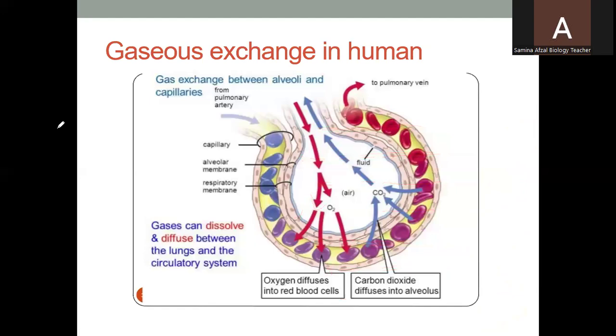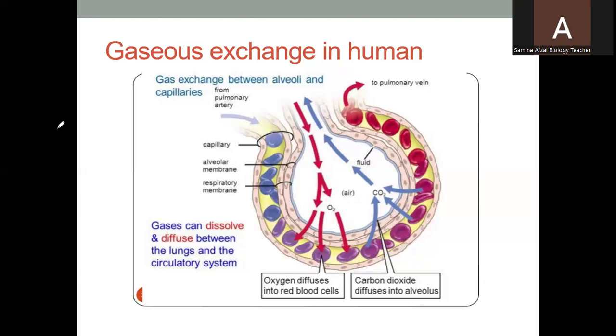The gas which enters from the air into the gas exchange system, and the gas which is leaving the gas exchange system and going into the air. We have discussed the features of gas exchange surfaces. Here you can see we have magnified an alveolus with the capillary.